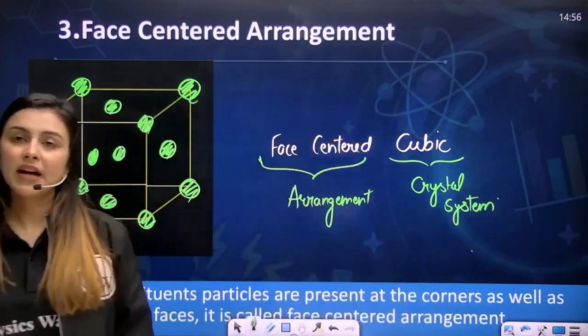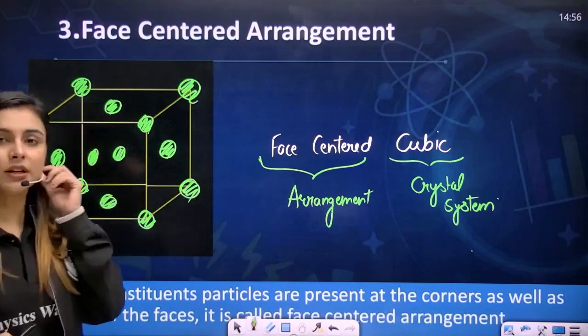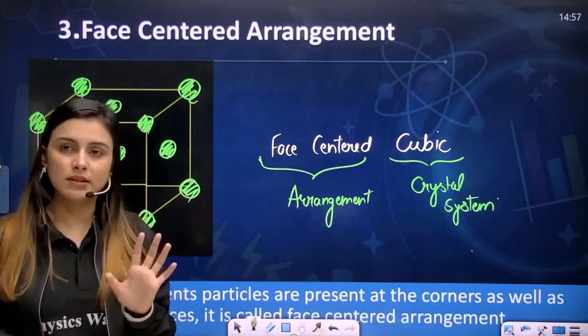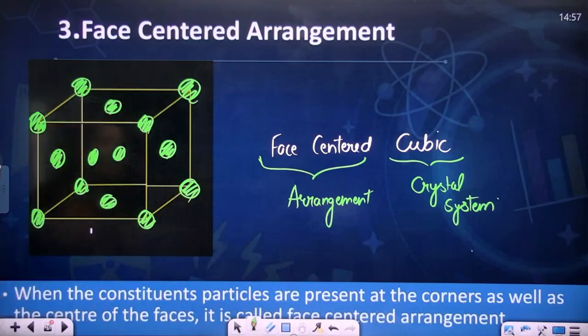Okay, perfect. I hope you're clear with this. This is how you will be writing the face-centered cubic crystal system. Okay. So it is written, when the constituent particles are present at the corners as well as the center of the faces, it is called the face-centered arrangement.